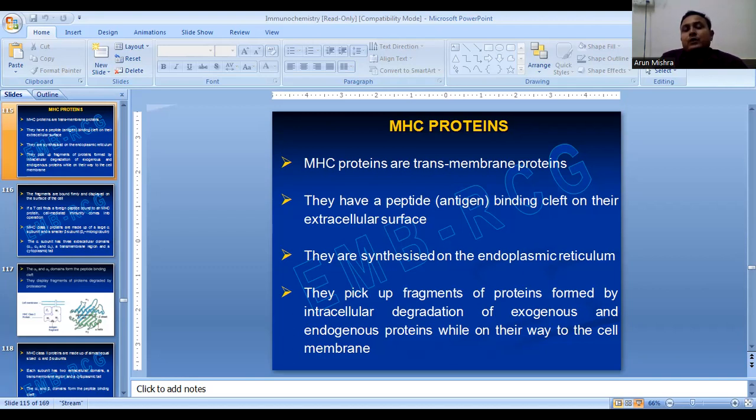These include proteins of pathogens that reside in endosomes, and extracellular pathogens and proteins taken up by the cell by endocytosis. These proteins are degraded by cathepsins after fusion of the endosomes with lysosomes. Newly synthesized MHC class 2 proteins bind the peptide fragments and travel to the cell membrane. MHC class 2 proteins get inserted into the cell membrane, displaying the bound peptide on the surface of the cell.